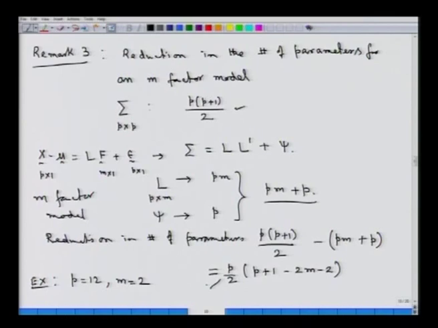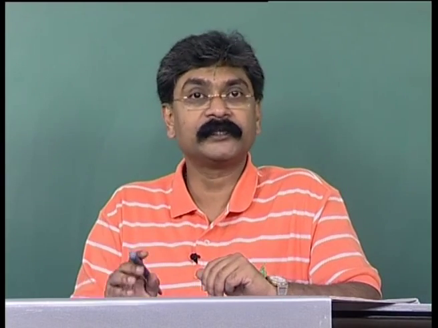Then this term, which gives the reduction in the number of parameters, will turn out to be 42, which is huge actually. So by using a two-factor model for 12-dimensional original variables, we are able to reduce the number of parameters explaining the variance covariance structure sigma through the m-factor model. With m equal to 2, we are able to reduce the number of parameters by 42. So we will continue from this in the next lecture.